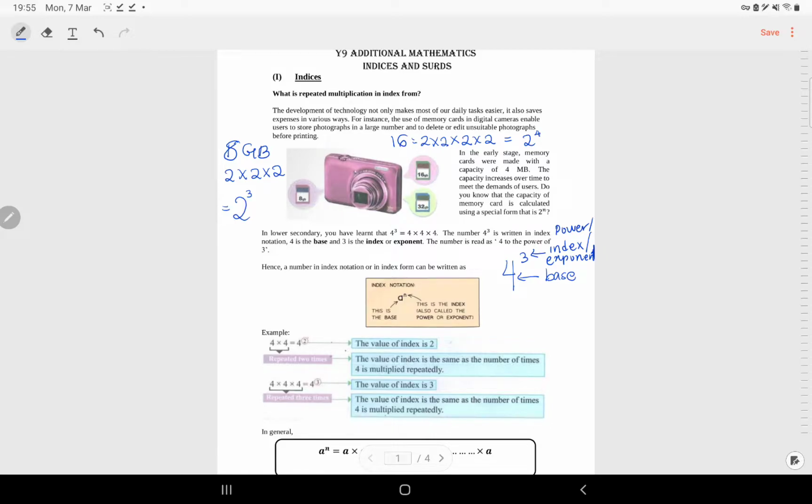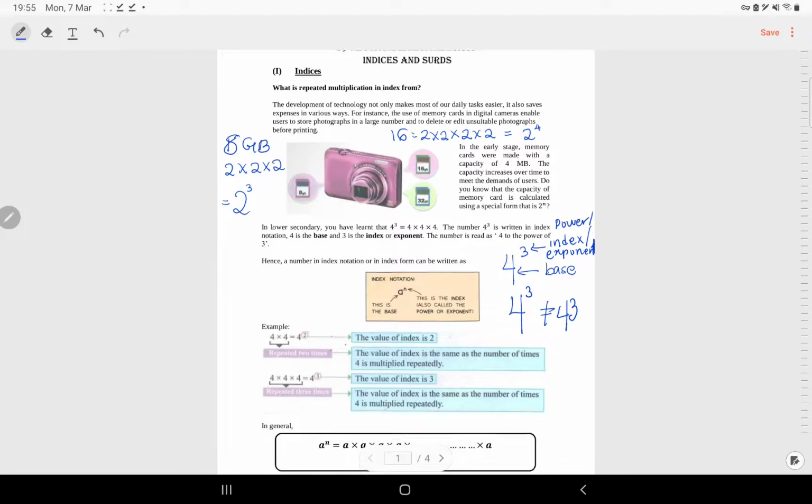As you can see, the notation given here, 4 or a, is what we call the base, and the small n here is what you call the index, also called power or exponent. Whenever you write the power, it has to be smaller, at the top right.